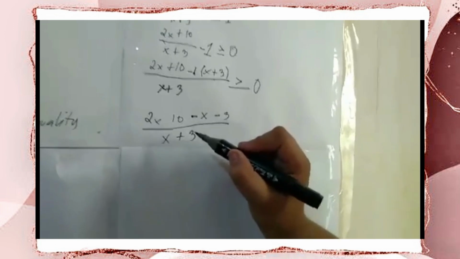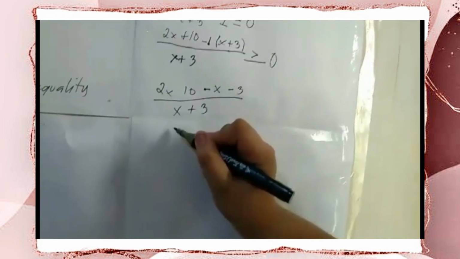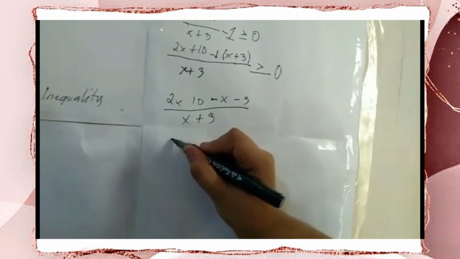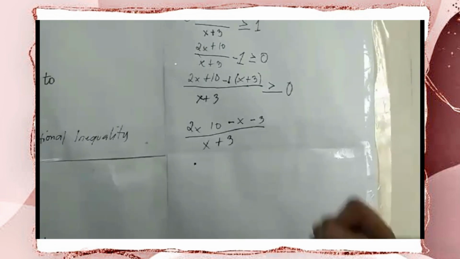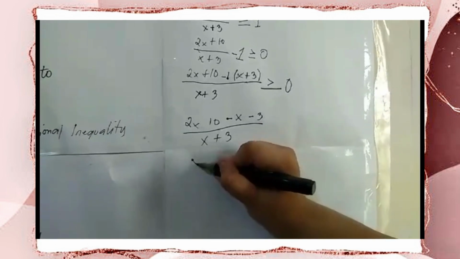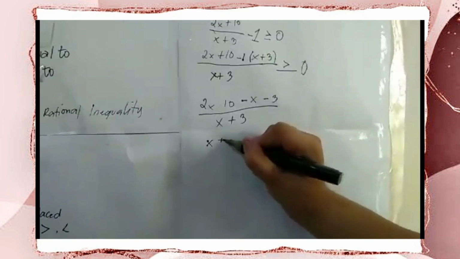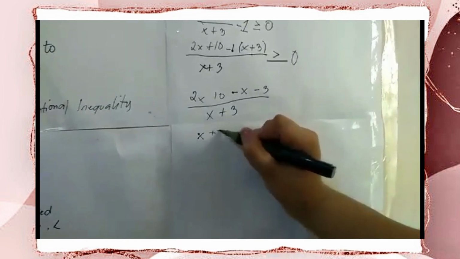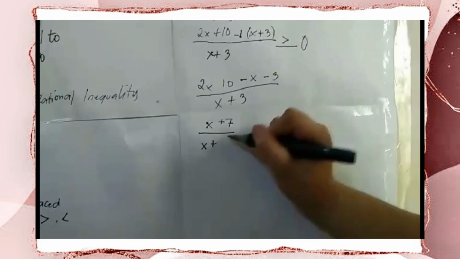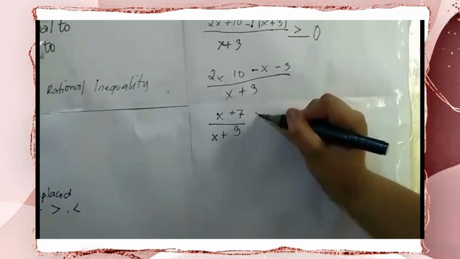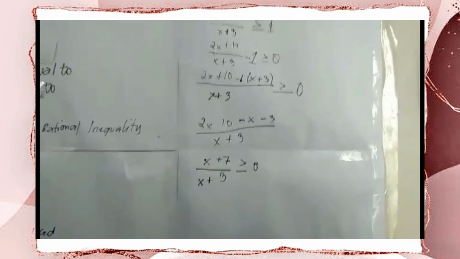We do this. 2x minus x is equal to 1x, but we write it as x. Plus 10 minus 3 is equal to 7 over x plus 3, greater than 0. This is the final.